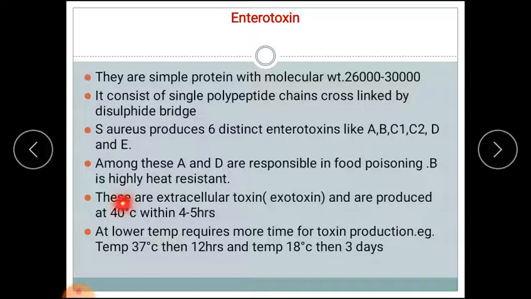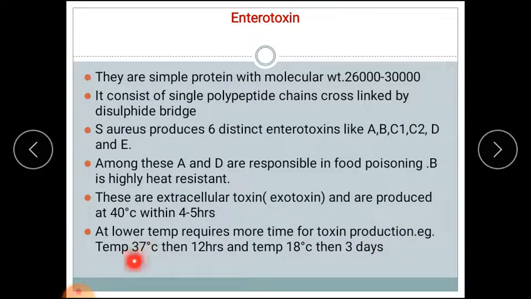Now these enterotoxins are extracellular toxins. Okay, so why is it called extracellular toxin? Because the toxin is produced outside the cell and is produced at 40 degrees Celsius within 4 to 5 hours. Okay, so temperature is very important for the production of enterotoxin. If there is a lower temperature, then the time required for the production of toxin will be more.